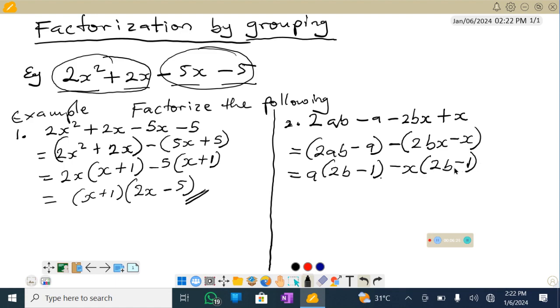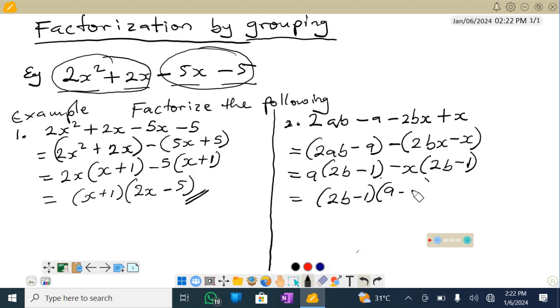Okay? So you can see that 2B minus 1 is common. So our bracket is common. You have our bracket, then open a bracket and put the remaining things. So when you divide this whole of this here by this, you have A minus, do the same thing here, you have S. Okay, my handwriting, let me write this so that it will look nice.